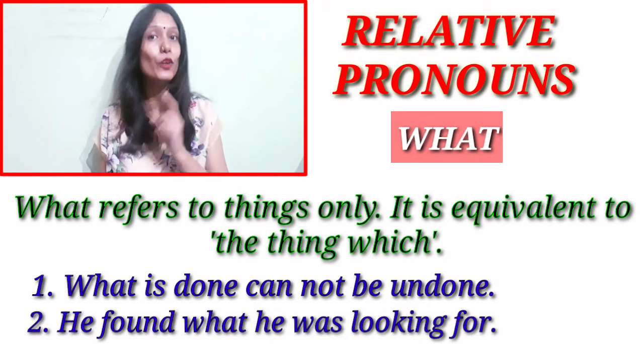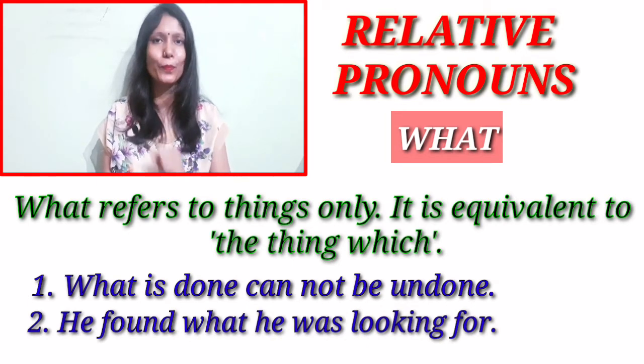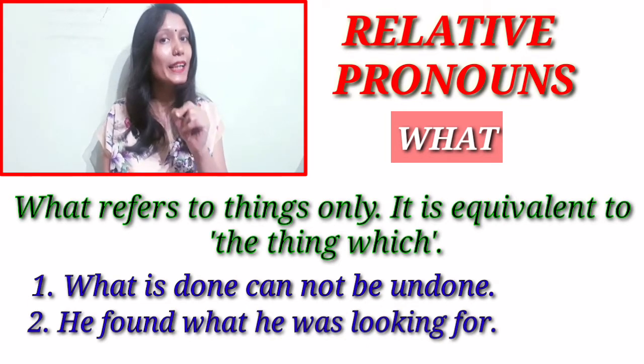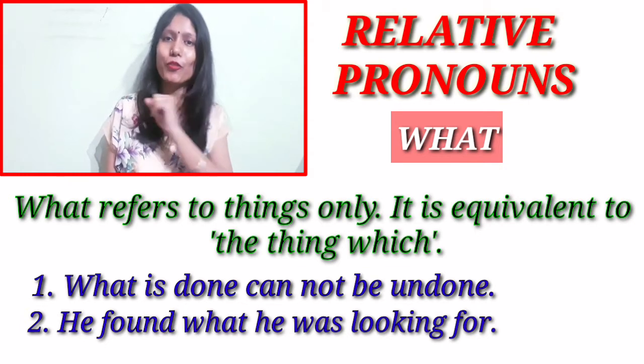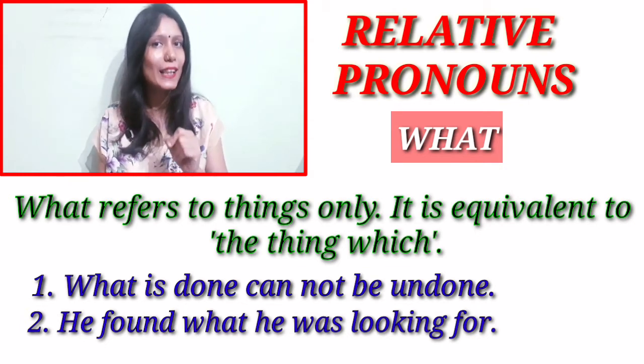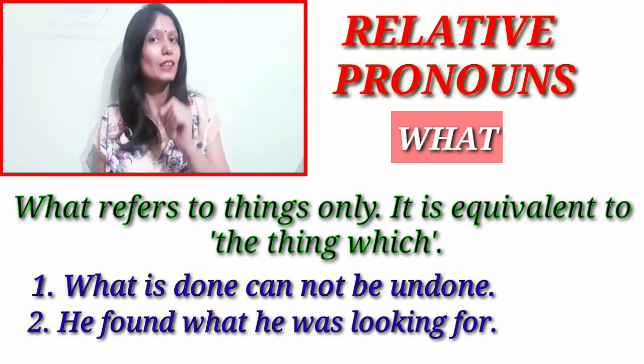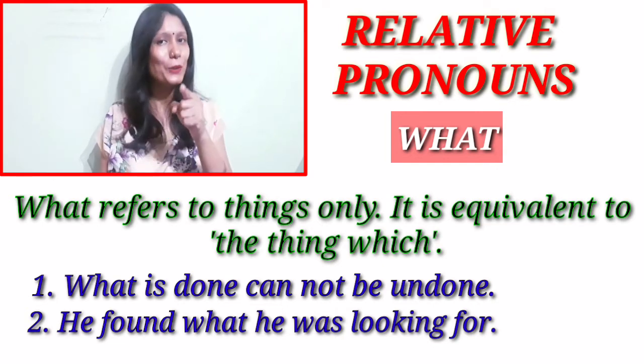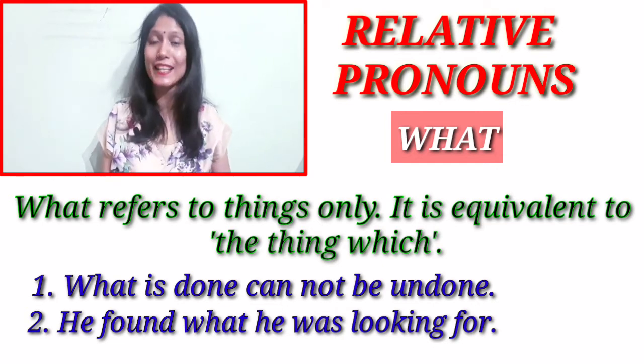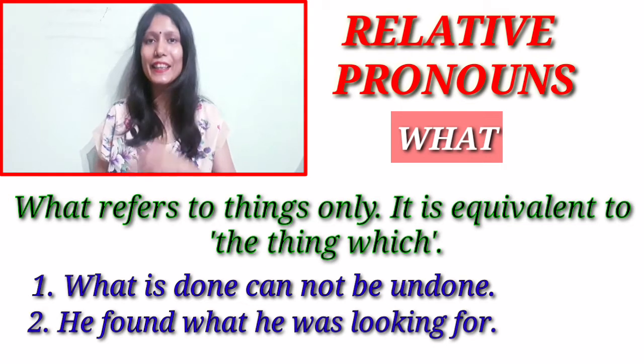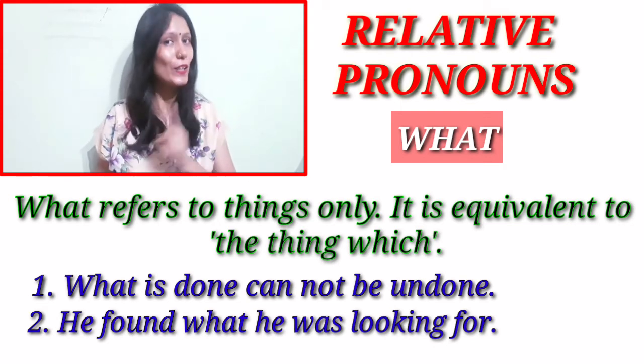He found what he was looking for means he found the thing which he was looking for. So what is the substitute of the thing which? Now you make a sentence using what as a relative pronoun and write in comment box below. I'll check all your sentences.